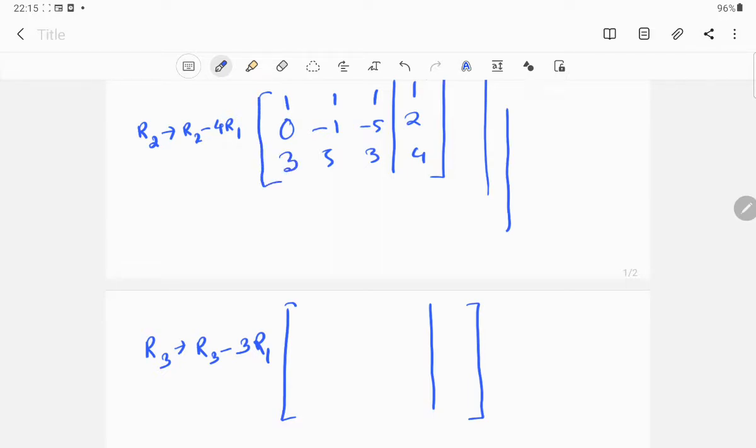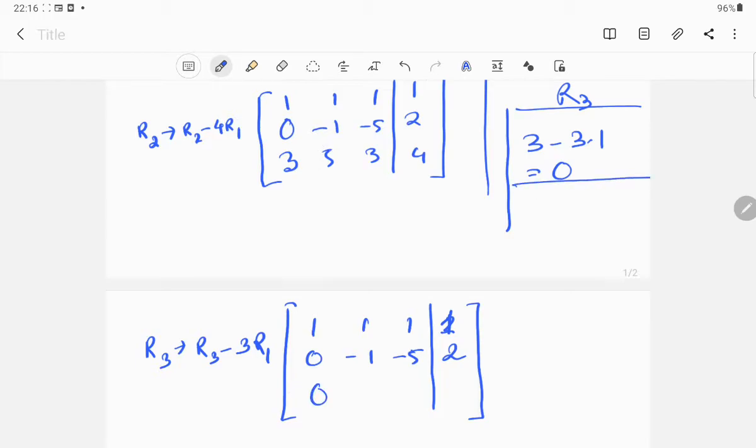In R3, 3 minus 3 into 1 is equal to 0. Next, 5 minus 3 into 1 is equal to 2.